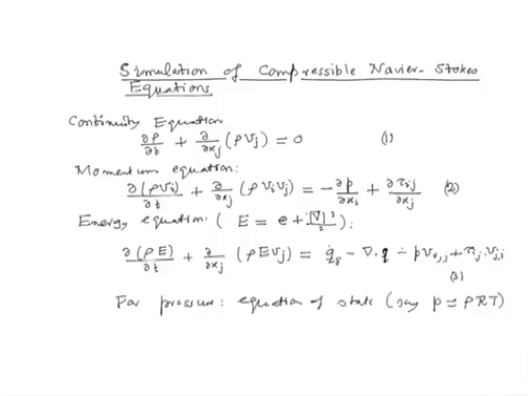Now, let us define a new solution vector, a vector of flow variables. We are going to use the symbol capital U for this. This will contain the primary unknowns in each of these equations.